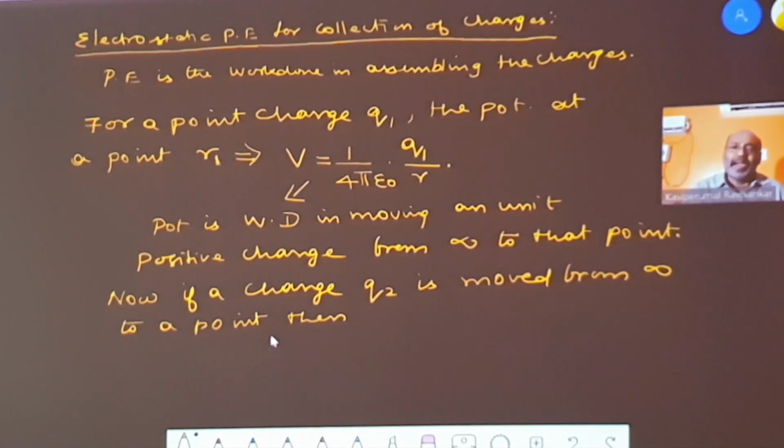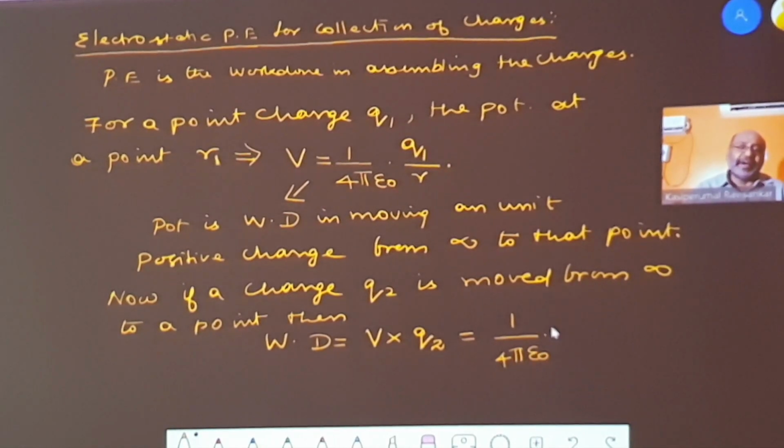The work done is equal to the potential V, that is the work done for moving the unit positive charge, multiplied with the amount of charge moved. So this work done can be written, instead of V, I can write the formula 1 divided by 4 pi epsilon 0 Q1 divided by r. This is the potential multiplied with Q2.